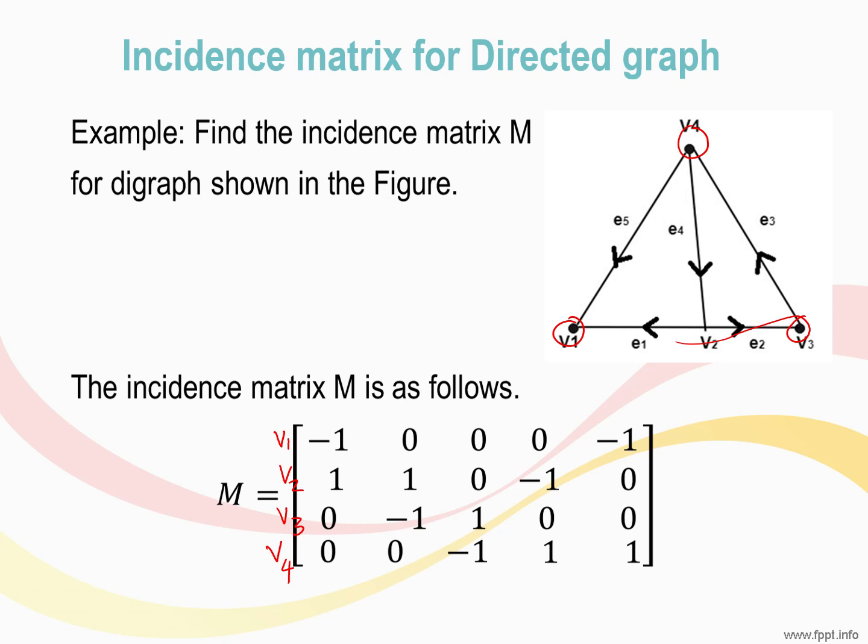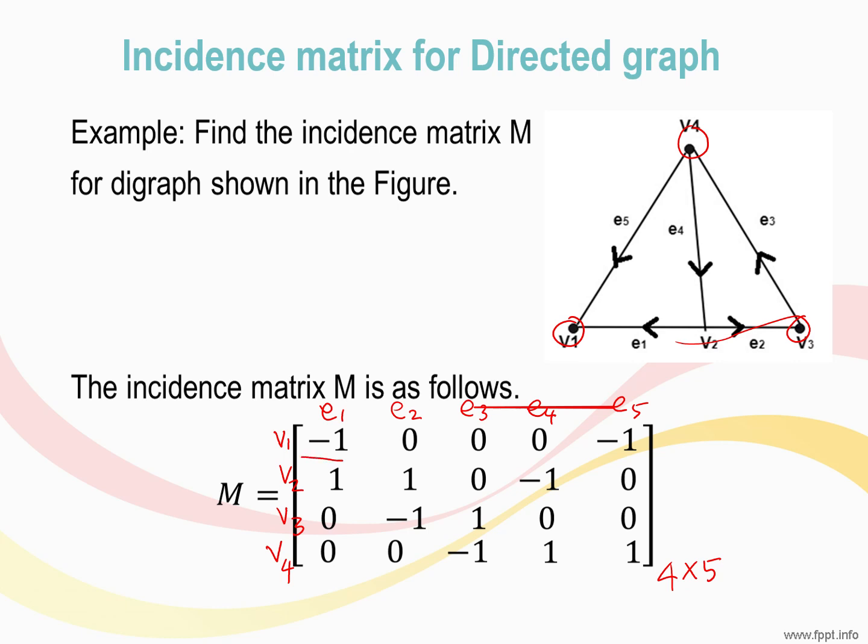The number of edges in the graph here is equal to 5, labeled as E1, E2, E3, E4, E5. Therefore, the number of columns in the incident matrix is equal to 5. The first column represents edge E1, followed by E2, E3, E4, E5. Now the dimension of this incident matrix M is 4 by 5.